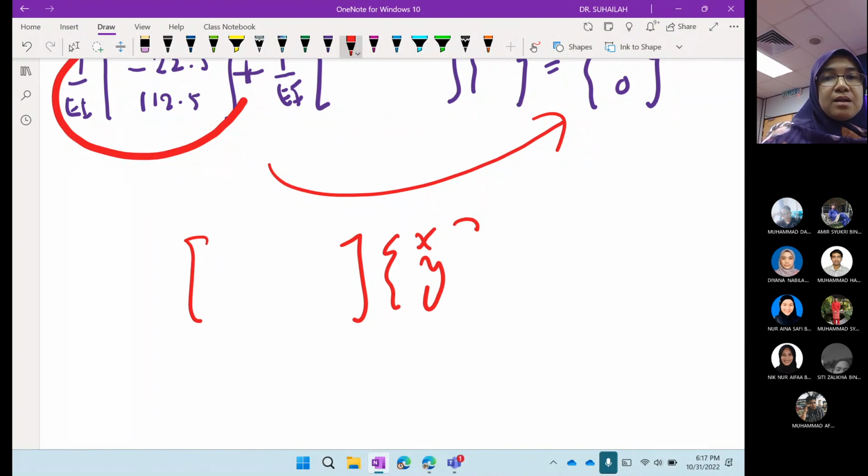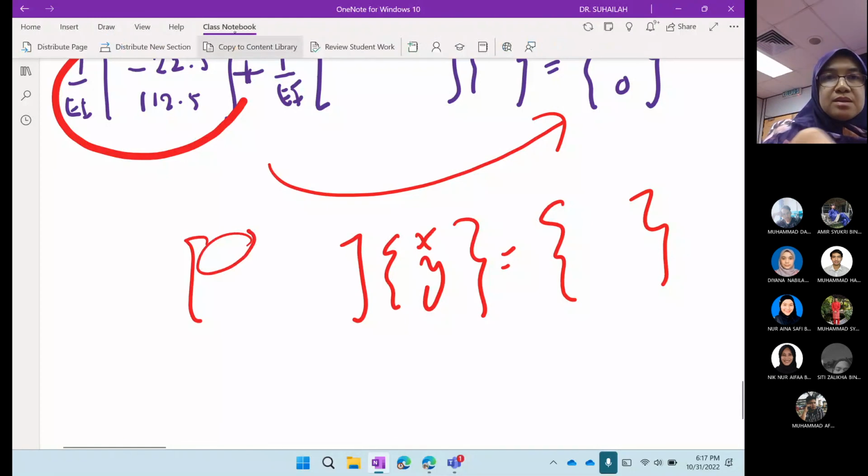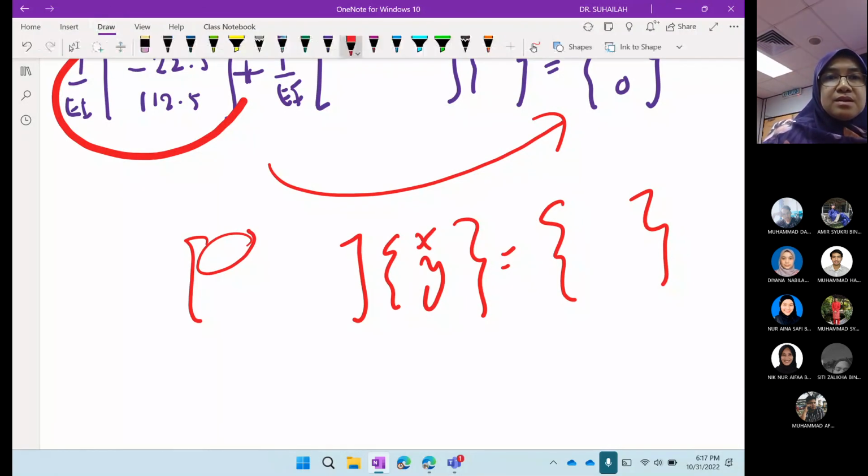XY equal to 2 simultaneous equation. So nilai ni A1, B1, C1, dalam calculator simultaneous equation kan?